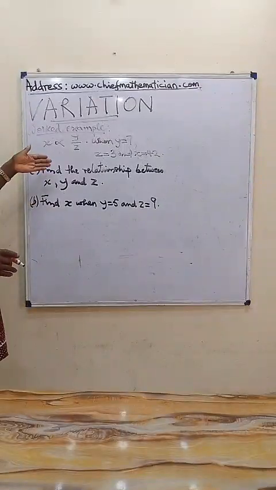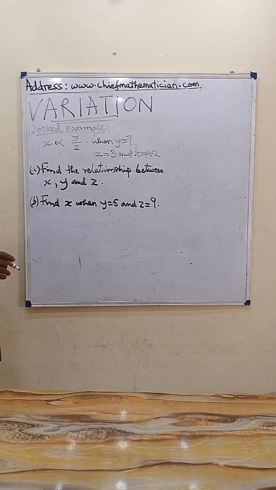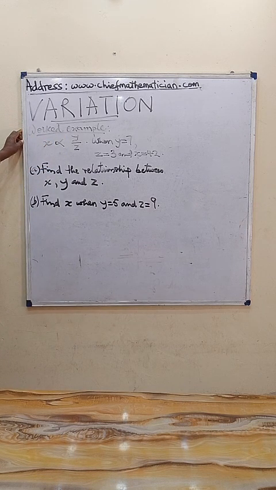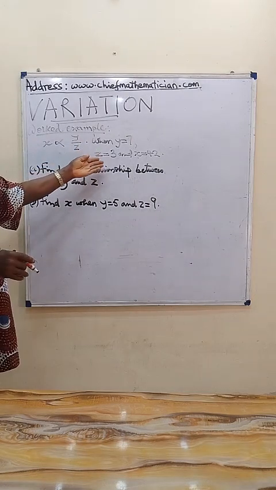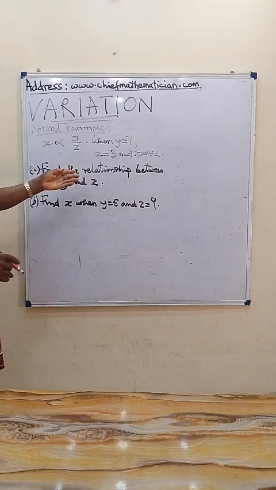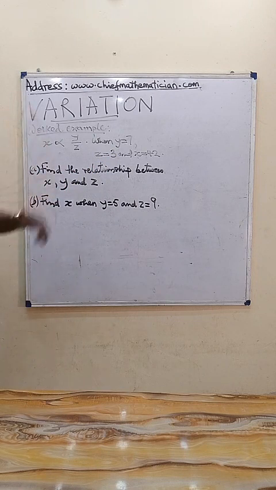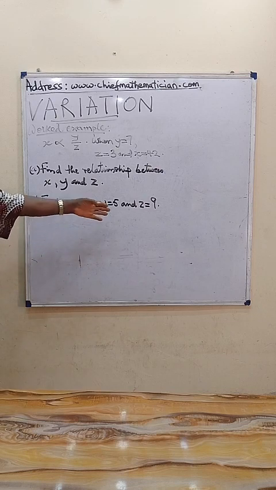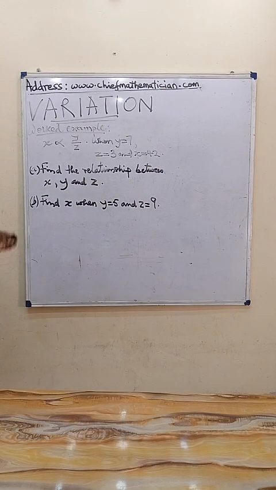So, if we are asked to solve this as a problem, we are told that x varies directly as y and inversely as z, which is an example of a joint variation. We are given the values of y, z, and x. That is to enable us to find the constant of the variation. We have to find the relationship between x, y, and z, and to find the value of x when y is 5 and z is 9.